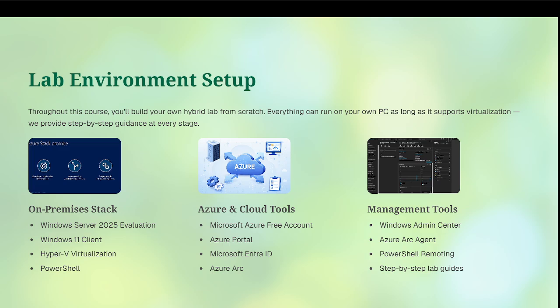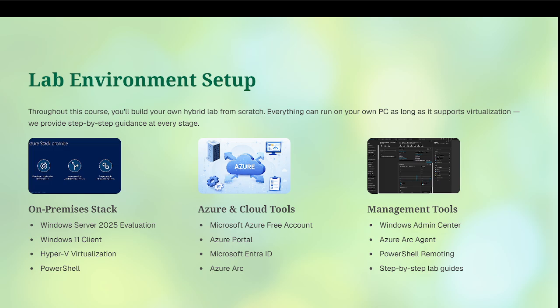Next thing, Windows 11 client. We will also use a Windows 11 client machine. The client will help us test domain joining, user authentication, group policy application, network connectivity, access permissions. This creates a realistic environment where users interact with domain services. Hyper-V virtualization.